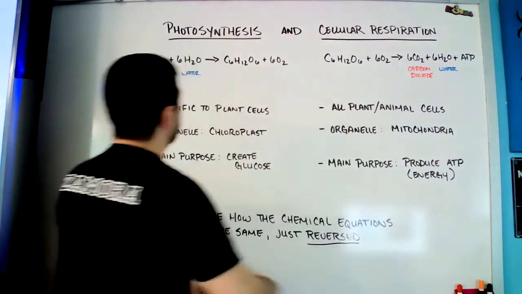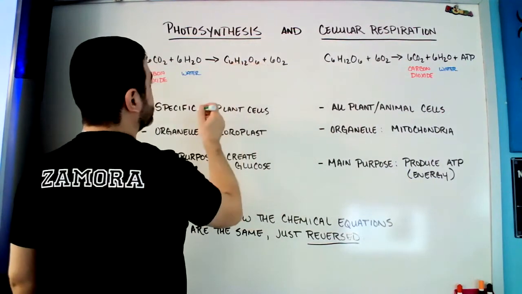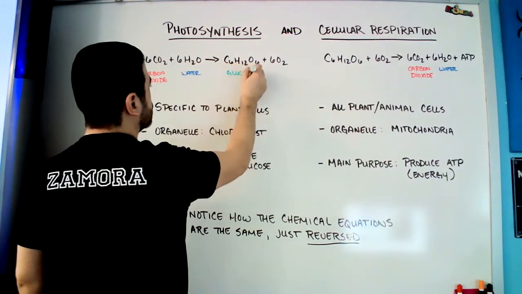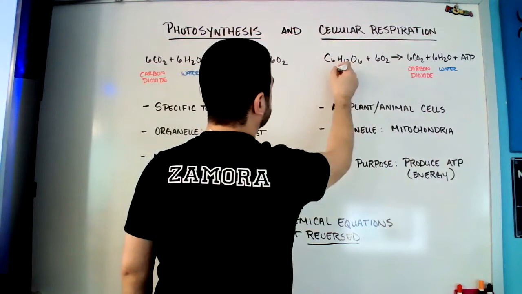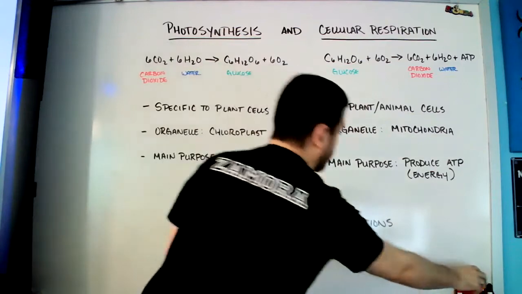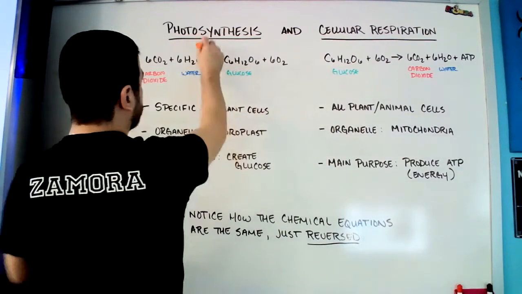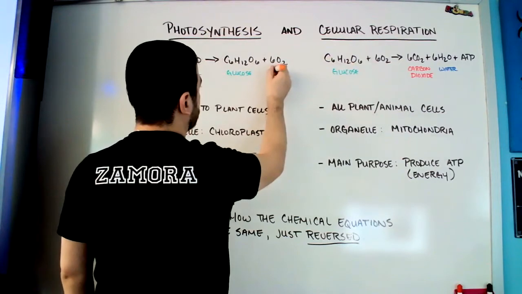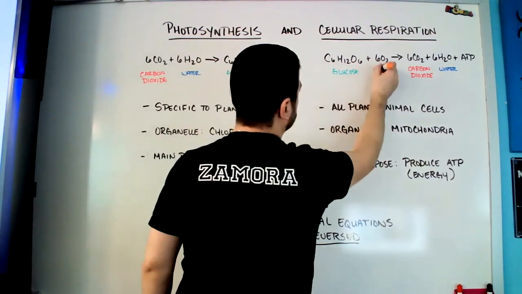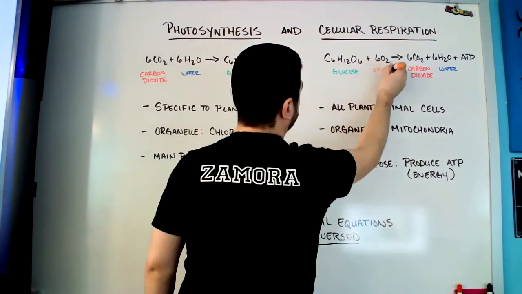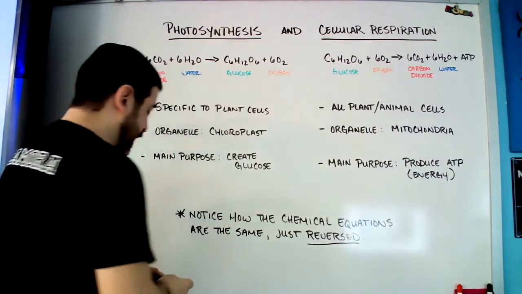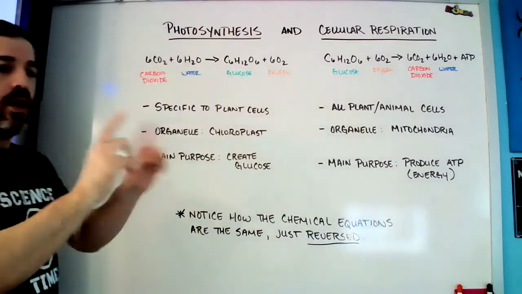Then we have our glucose, C6H12O6. Here's our glucose, or our simple sugar. Over here on cellular respiration, here's our glucose as well. And then last but not least, on both sides, photosynthesis and cellular respiration, here's our oxygen. So all of the components for both of these chemical reactions are the same. All the ingredients, if you will, are the same. However, the processes are reversed.